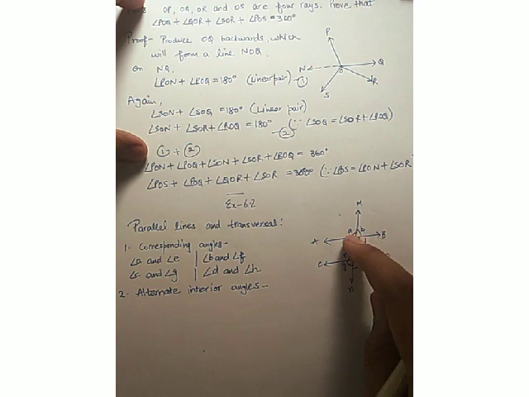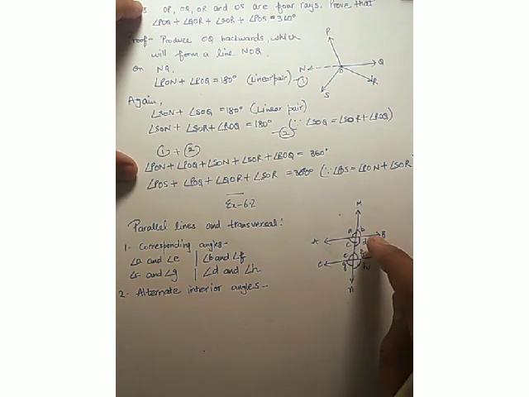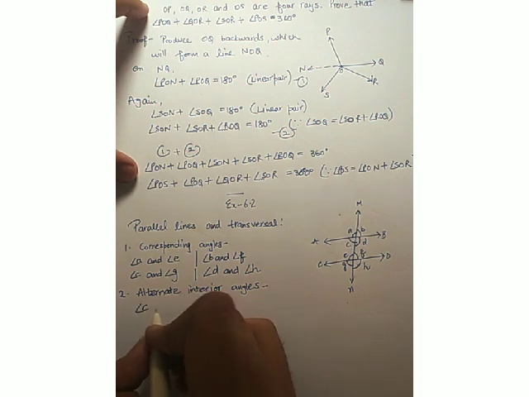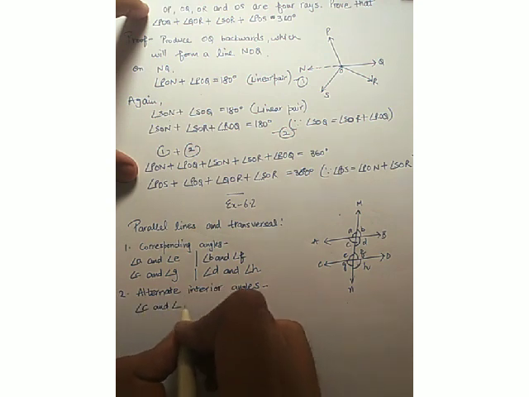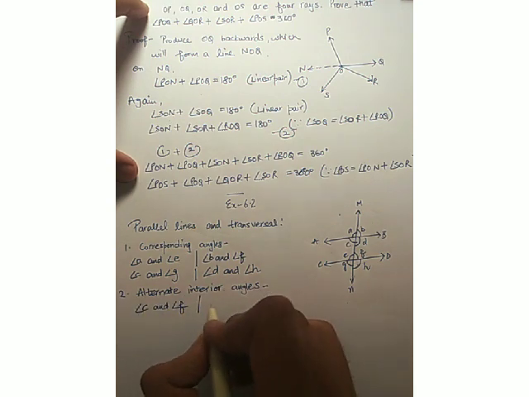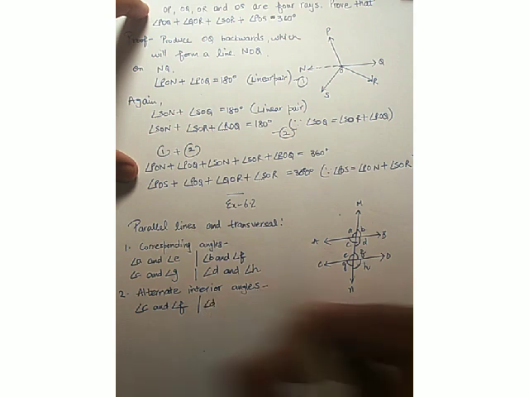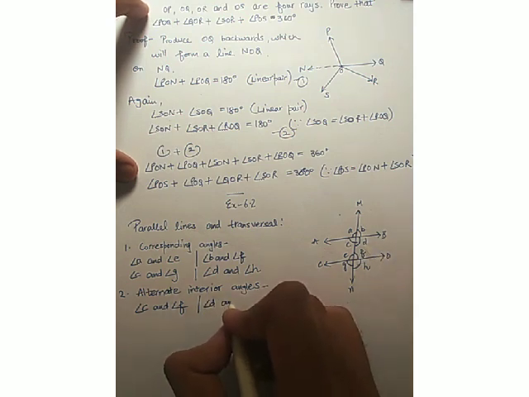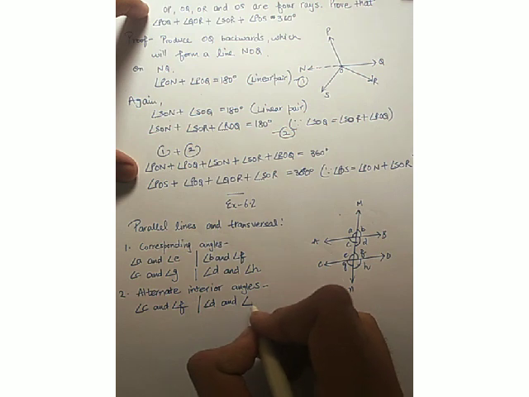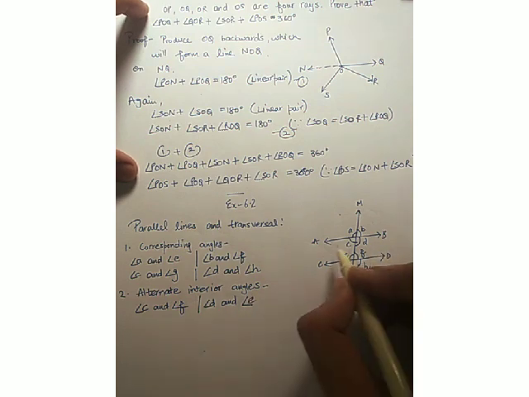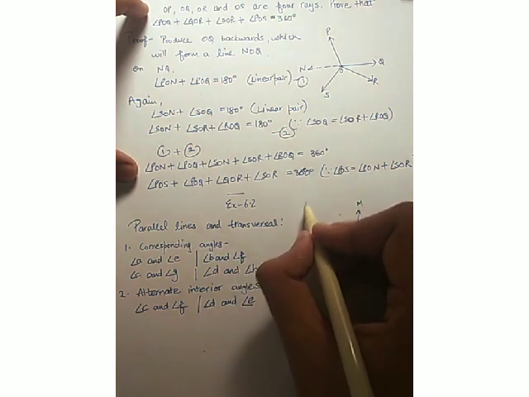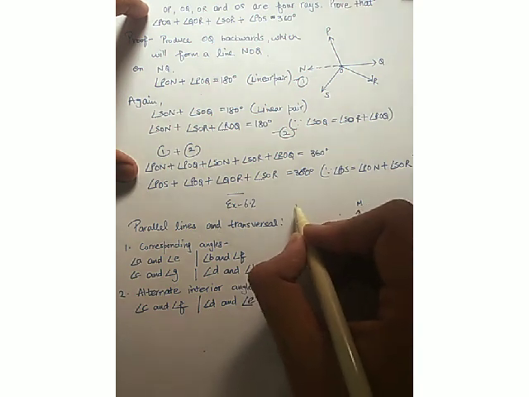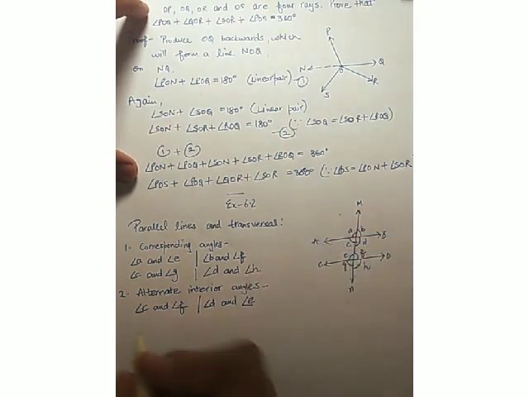Alternate interior angles are angle C and angle F, and angle D and angle E. So the pairs will be angle C and angle F. The other pair will be angle D and angle E. You can say that it is as if a Z is being formed, and both angles at the corners are alternate interior angles.